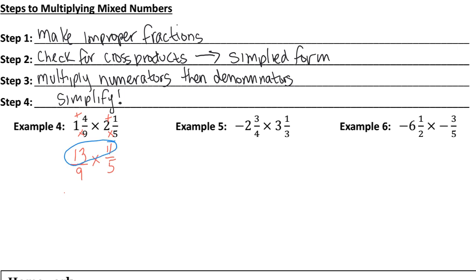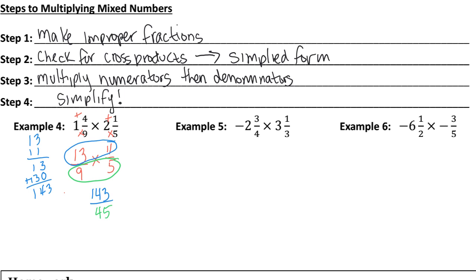So let me do 13 times 11. I don't know that off the top of my head, so let's multiply. 1 times 3 is 3. 1 times 1. Make sure you add that 0. So we get 143 over 9 times 5, which is 45.